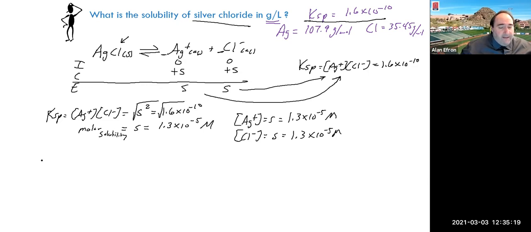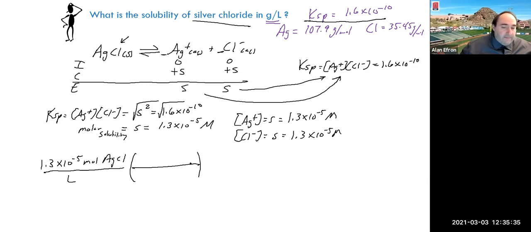So that would mean that the solubility of silver chloride in moles per liter would be this. And at this point, what we'd want to do is convert it into grams per liter. So we would need the molar mass, hence these two numbers here.